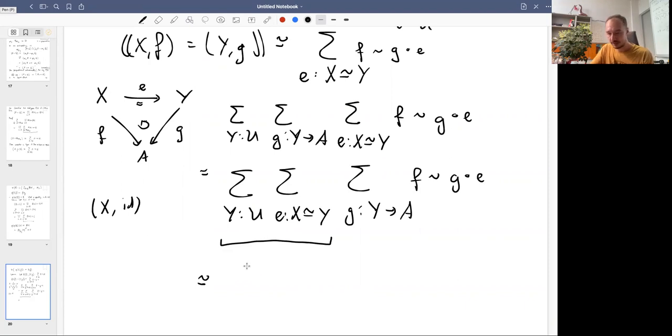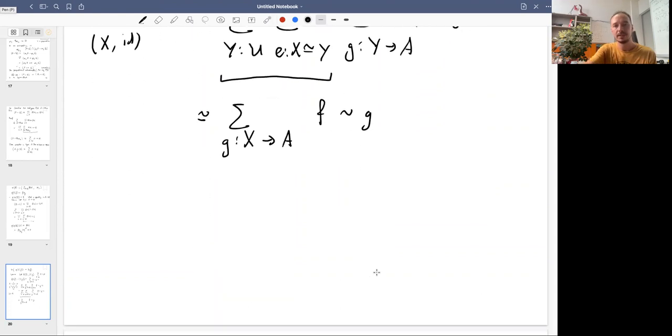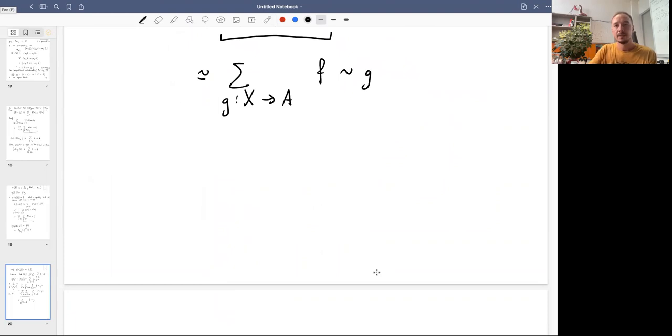Okay, so we get sigma G from X to A, and now F is homotopic to G composed with the identity function. Okay, so we don't have to write that down. But now we remember that by function extensionality, the type of homotopies between functions is equivalent to the type of identifications between functions.